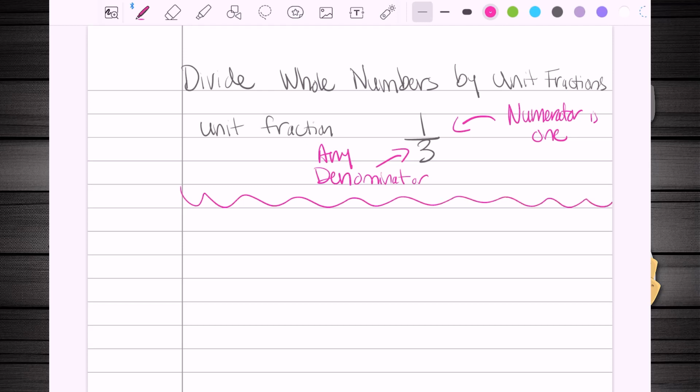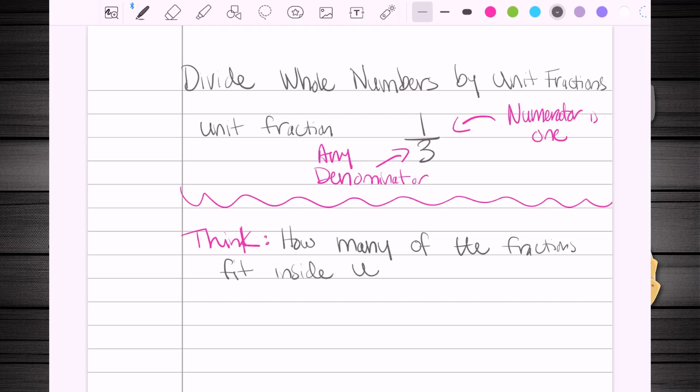numbers by unit fractions. So I want you to think, how many of the fraction fit inside the whole number? And we're going to use two different models before we look at the standard algorithm.